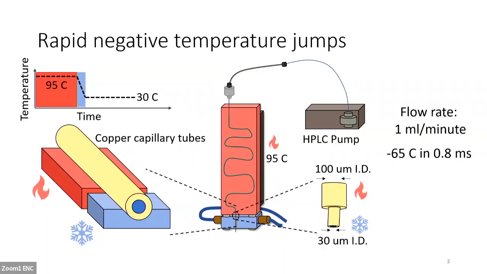This drops the temperature from 95 C to 30 C in about 0.8 milliseconds, so extremely rapidly, using the 1 milliliter per minute flow rate, which is the typical flow rate that we use in these experiments. And then the solution exits the 30 micron capillary as a high velocity jet.